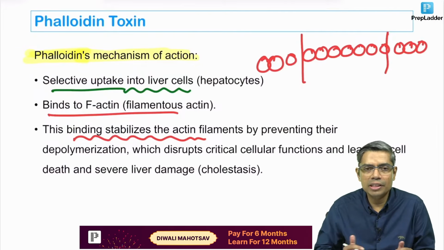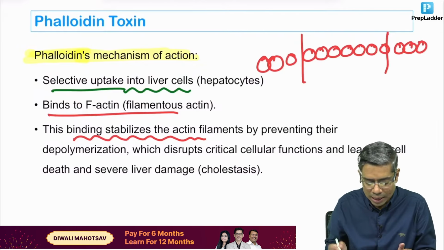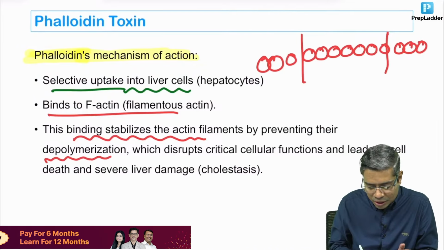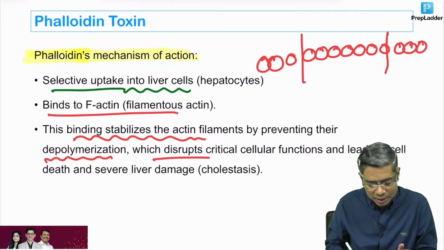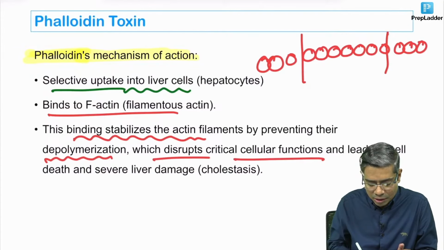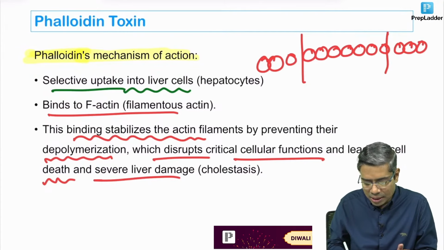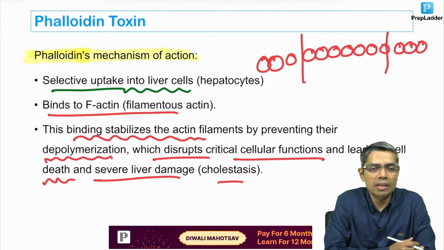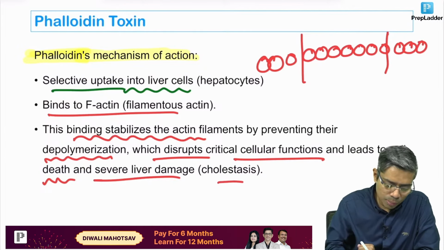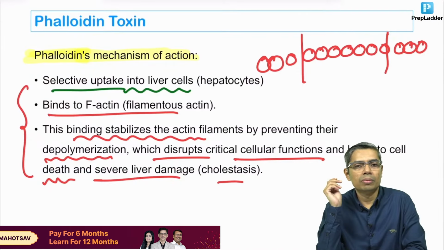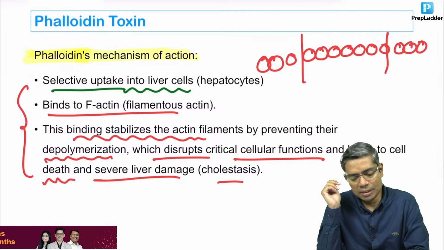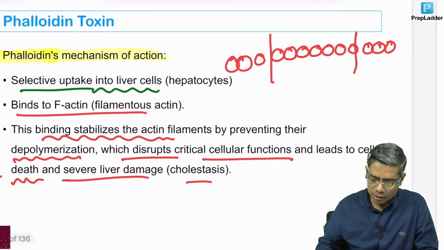There will be dysregulation inside the cell, and cell death will happen. That's why depolymerization and polymerization will be disrupted, and that will disrupt the cellular function, leading to the death of the cell and severe liver damage, particularly cholestasis. So this important extra information you may remember for your upcoming exam. This is all about the question.